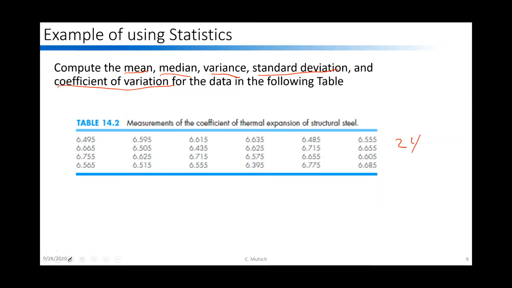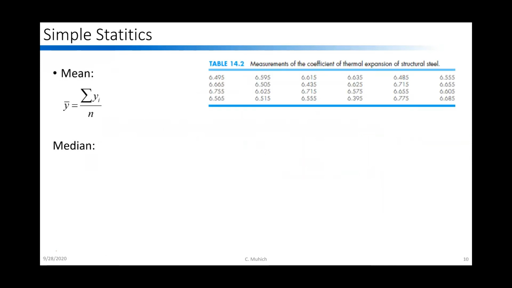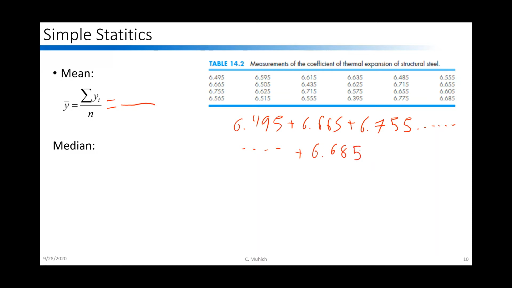Okay, so for the mean, remember we're going to sum up each individual value and divide by n. So I'm not going to go through doing out the arithmetic, but in essence, I'm going to take 6.495 plus 6.665 plus 6.755, etc., all the way down till I get 6.85.